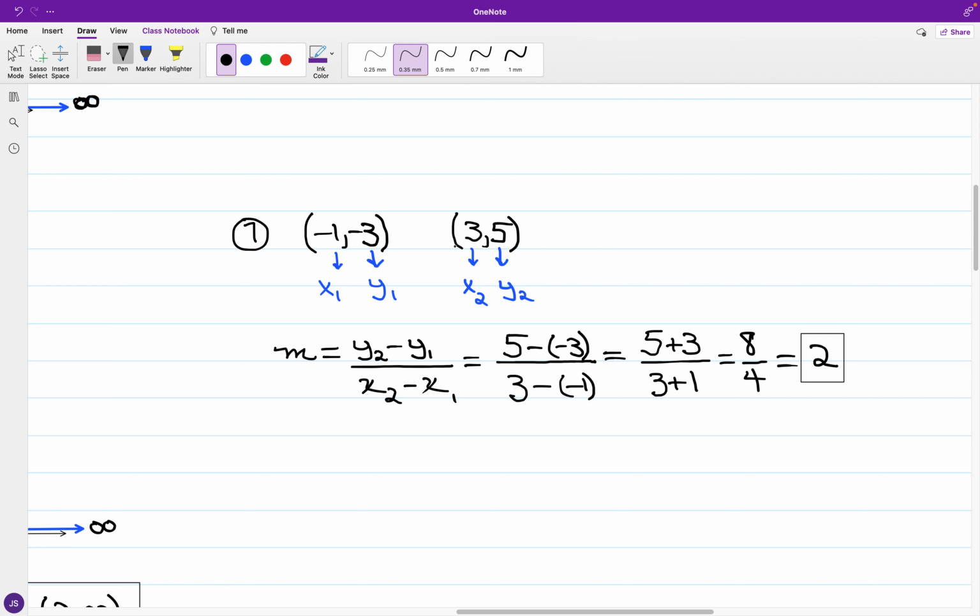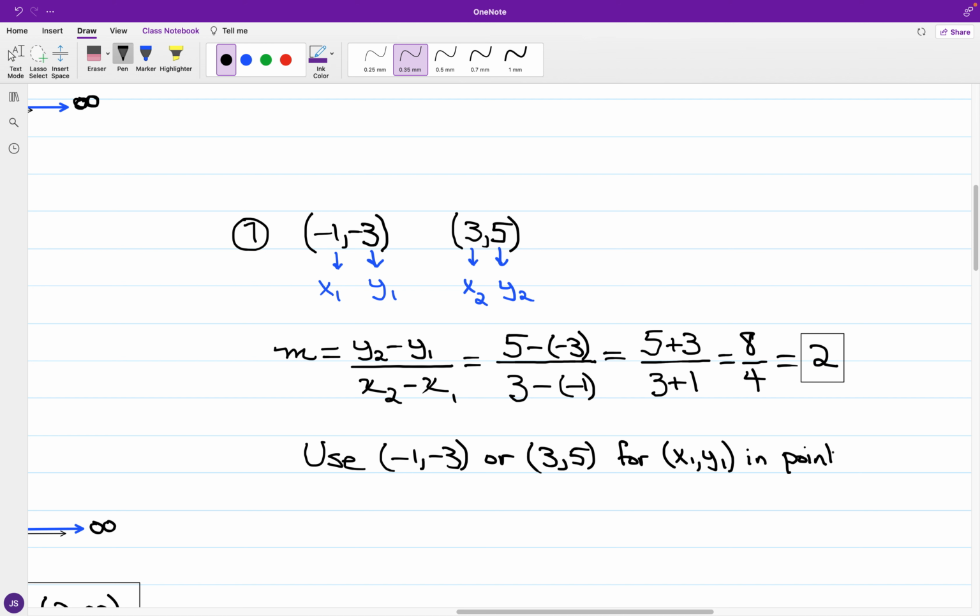Again, you can choose either of these ordered pairs in creating the point-slope setup.